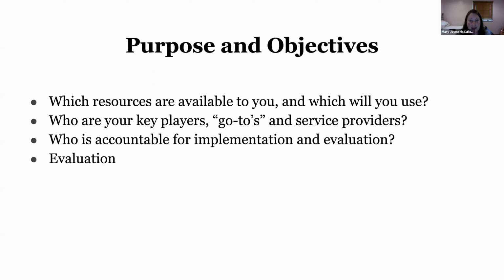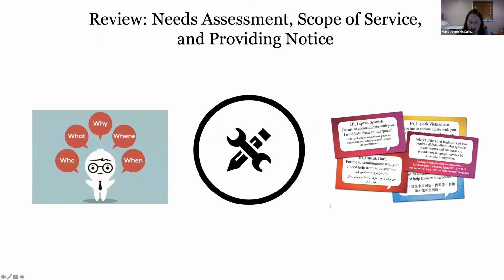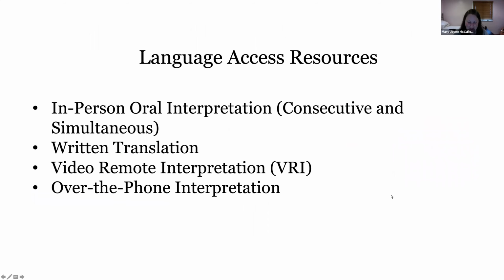With that being said, I think most people on this call are aware of the main types of language access resources used to communicate with English learners, but it does bear repeating.